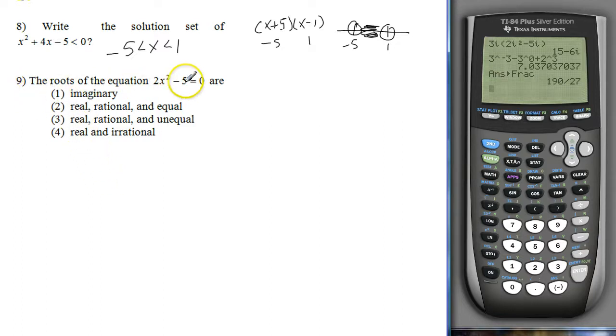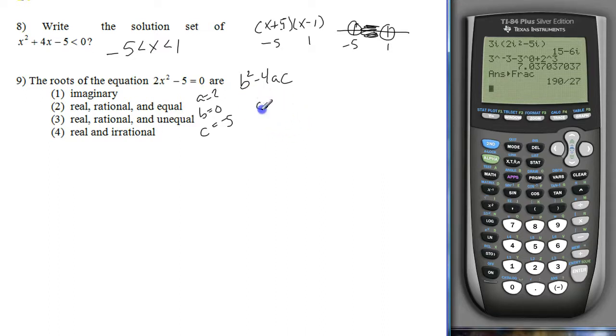Number 9, the roots of this equation are, look, so this is called nature of the roots. So we're talking about the discriminant. So they're talking about the formula b squared minus 4ac. And when you look at this problem, a is 2, b is 0, c is -5. Because there's no x in the middle, b is 0.